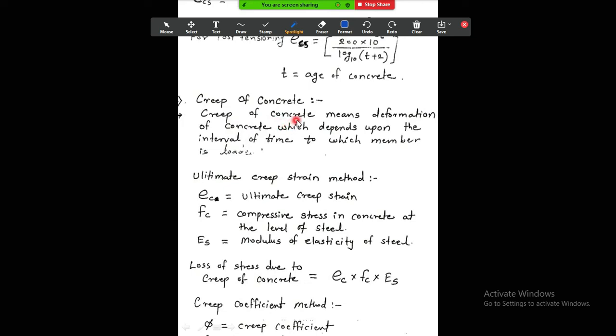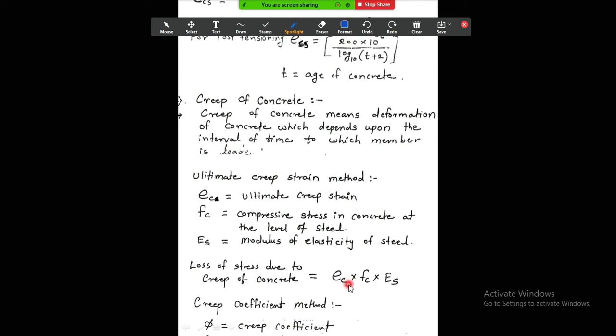The first method to calculate the creep of concrete is the ultimate creep strain method. By this method, what is the formula for the loss of stress due to creep of concrete? It is Ec into fc into Es.